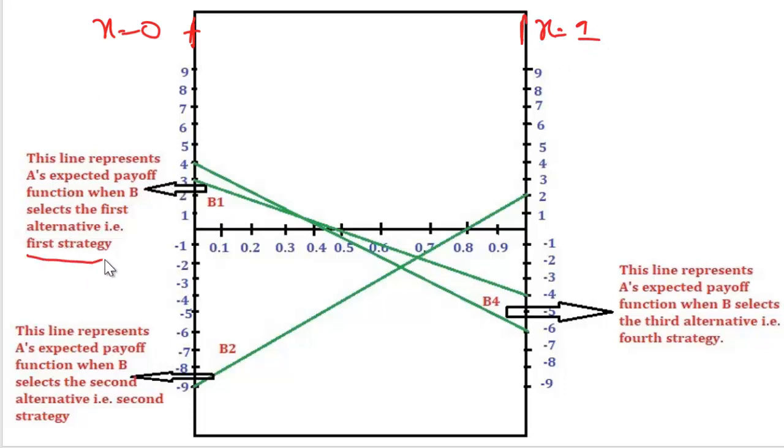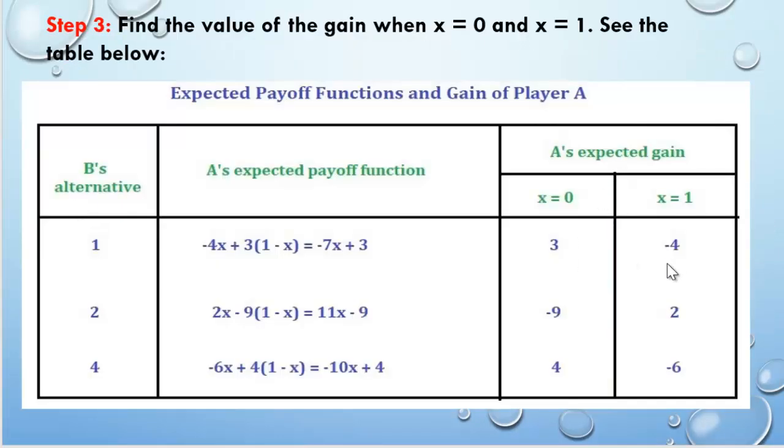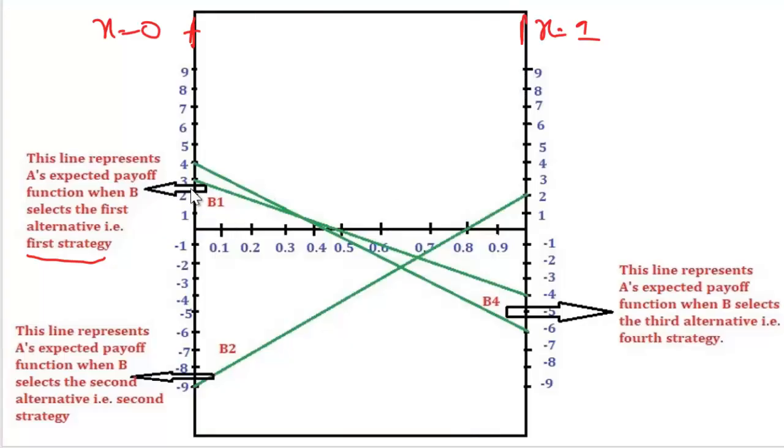If B selects the first alternate, that's the first strategy. What will be A's expected payoff? A's expected payoff is 3 and -4. So for x is equal to 0, it will be 3. For x is equal to 1, it's -4. So I'll make a line from 3, that is here, to -4, that is here. This is my line, 3 to -4.